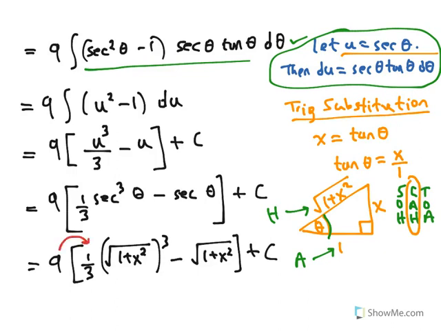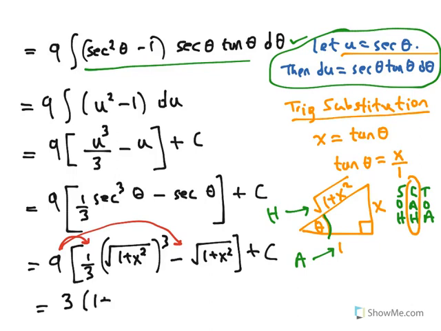You can distribute the 9 to each of the two terms if you would like to, and if you choose to do that, 9 times 1/3 is 3. And of course you can write the radical expression raised to the third power in different ways.